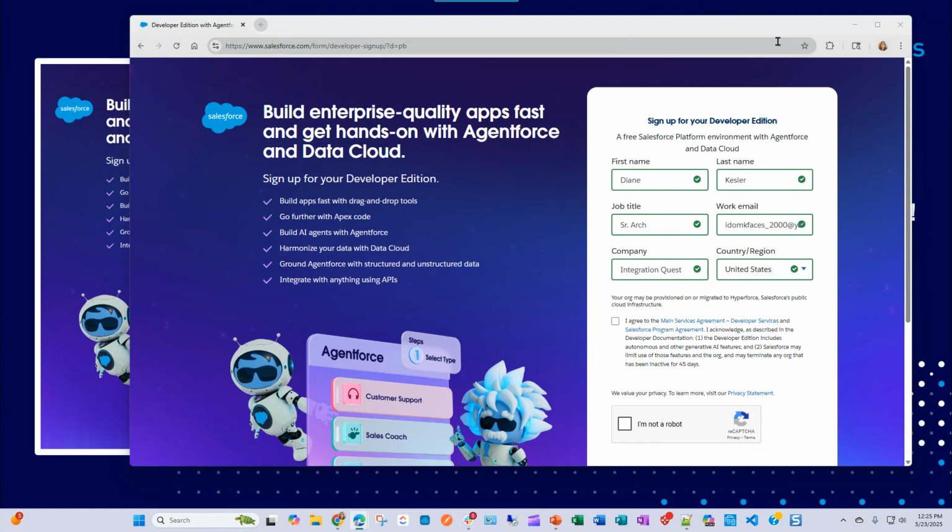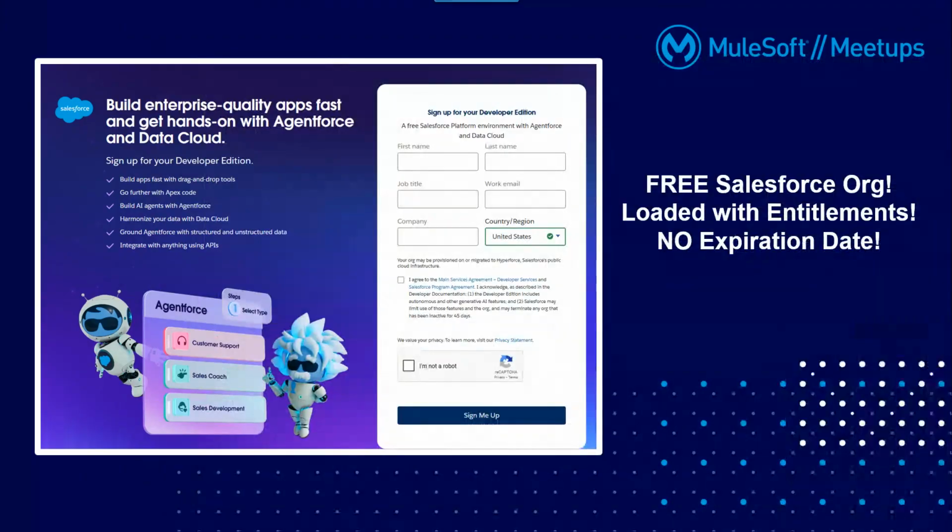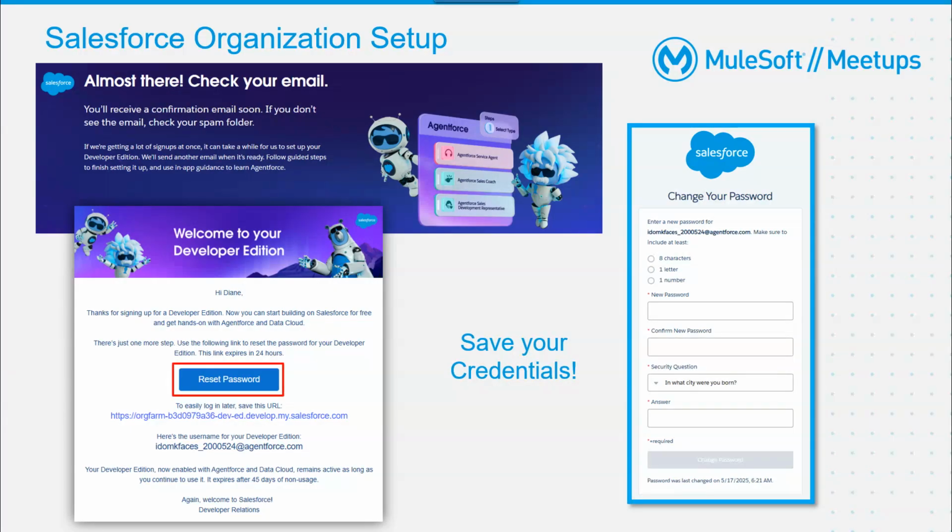And once you have completed this, your next step is that you will receive an email to acknowledge that your org is ready and you want to reset your password. So you want to capture your username here, reset the password, and go through the process of resetting your password.